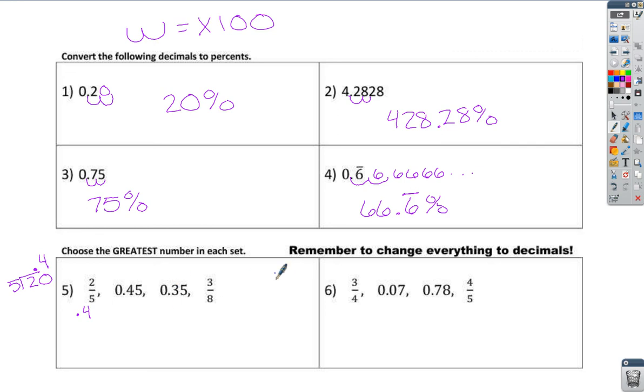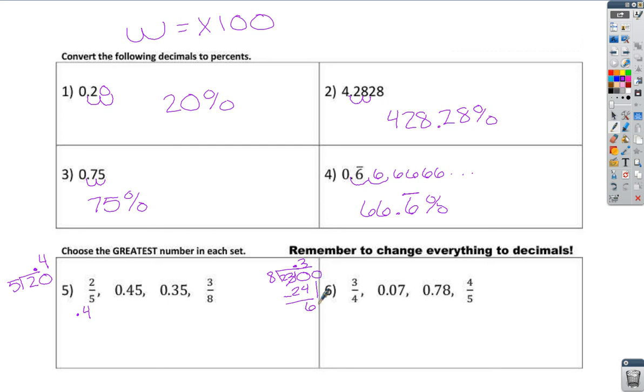And then we have 3 divided by 8. So can 8 go into 3? No, so we're going to have a decimal. So what times 8 can get us to 30? 8 times 4 is 32, so that's not going to work. So 8 times 3 is 24. Subtract. Get 6. So we're not there yet.